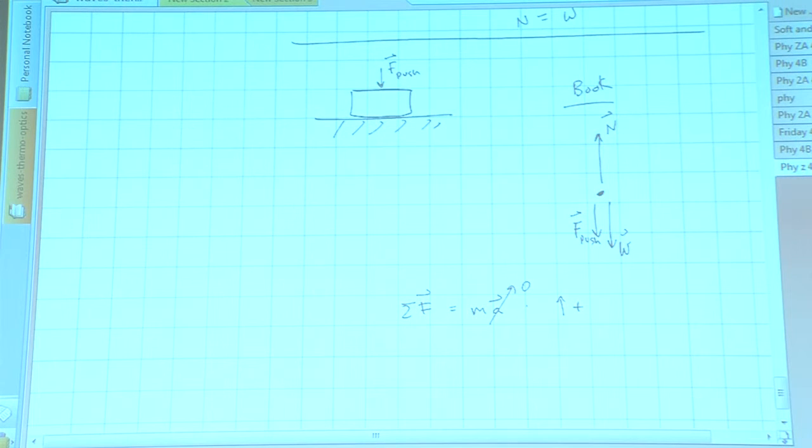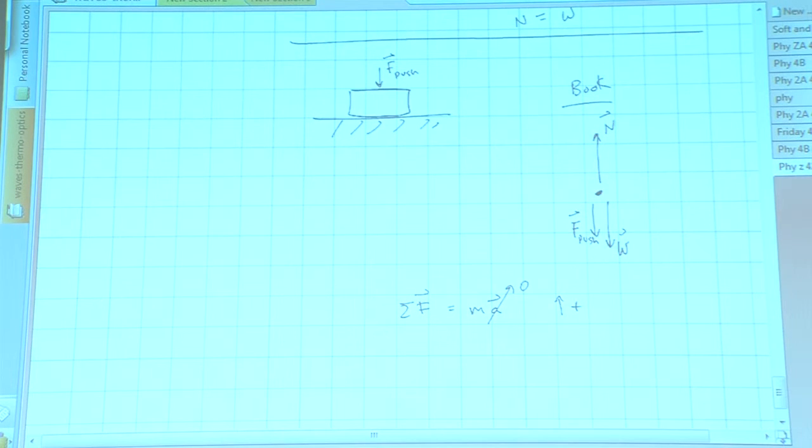So we know it's 0. Even if it was moving, it could still be 0, as long as there's no acceleration, as long as it's moving at constant speed in a straight line. But in this case, we know it's 0 because it's not moving. So what do we have? We have normal force minus F push minus the weight is equal to 0.